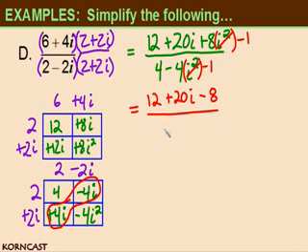So we're left with 4, and negative 4 times negative 1 is a positive 4. So we're going to add 4 to 4.